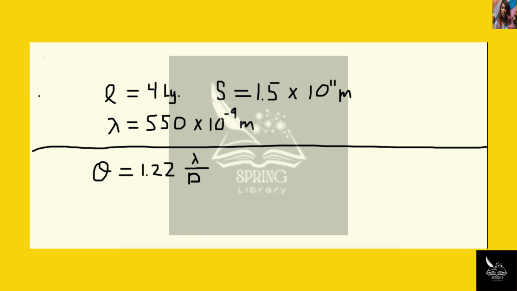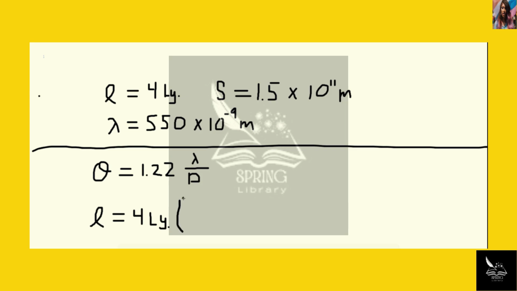So first thing we can do is convert the distance between Earth and the star system into meters, because right now it's in light years. So L here is going to be equal to 4 light years times the conversion between 1 light year and a meter.